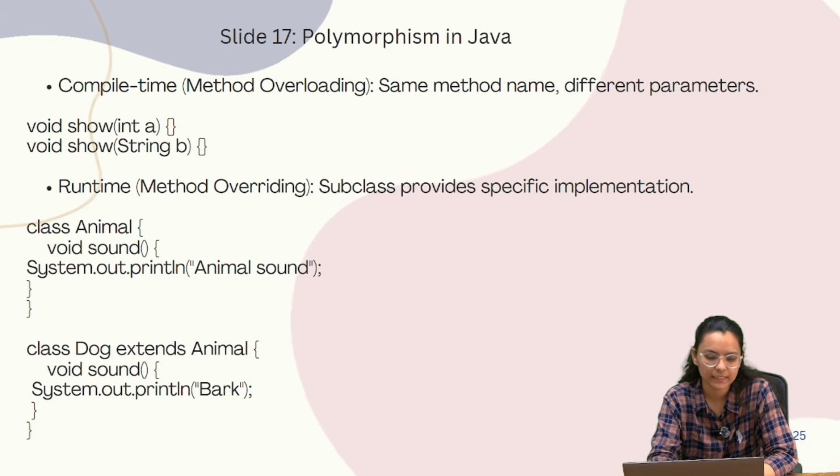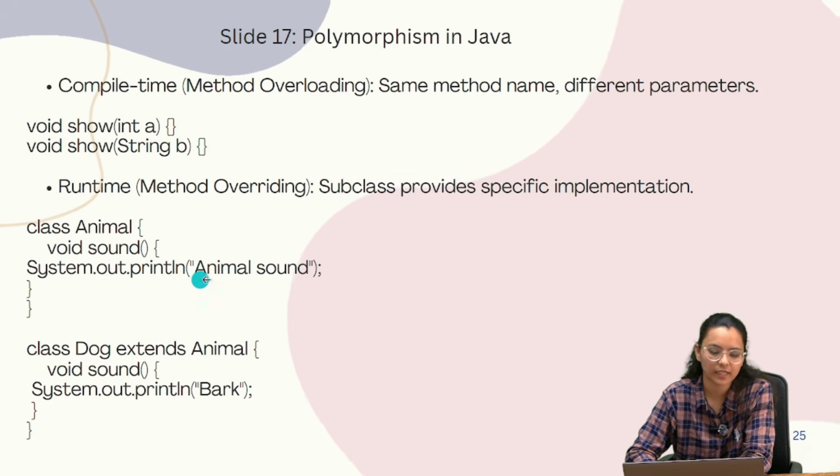So let's see how compile time polymorphism can be written in code, like void show(int a), and here we write void show(String b). And here we write class Animal, with a method void sound, and System.out.println.